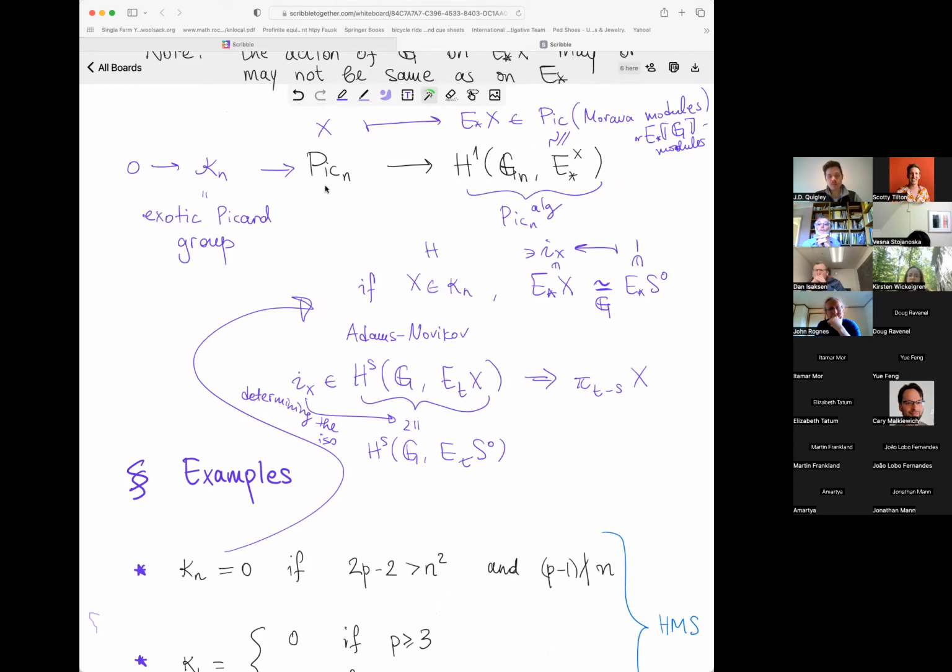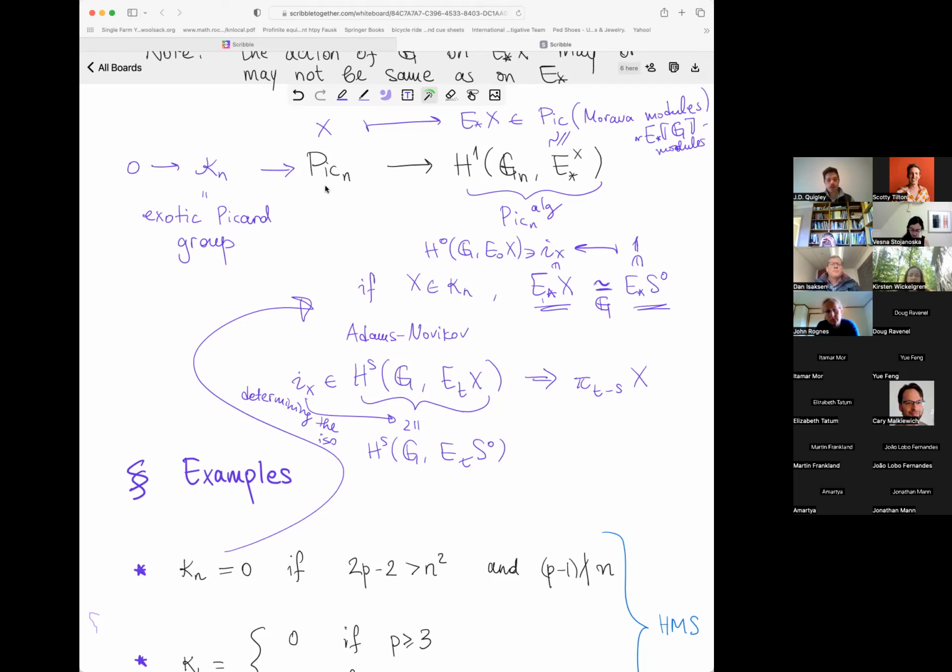So it's something in H0 of G, E0 of X, because 1 is invariant, and so it has to be sent to an invariant thing, and 1 here generates, so it's going to generate there, and this is going to give us an isomorphism on cohomology as well.